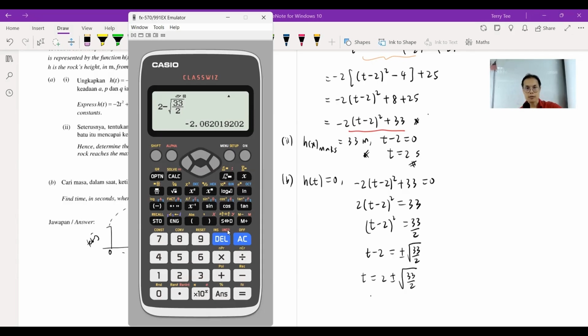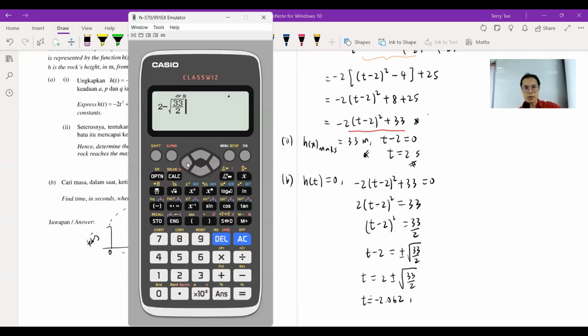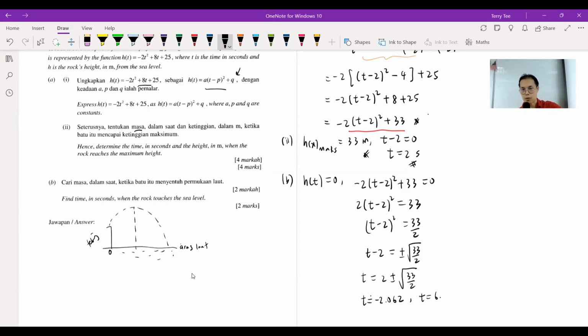My first answer is, notice, negative: -2.062. The second answer, just change the negative here to positive. My answer is 6.062. So you have two answers.